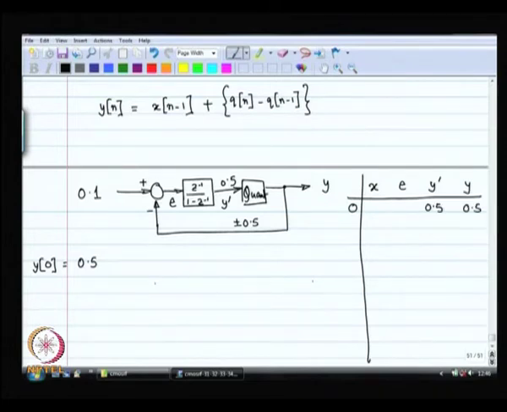This is where we start from. X is always 0.1. Okay. So, at time instant number 1 in the next clock cycle, you are going to find that the error is minus 0.4.